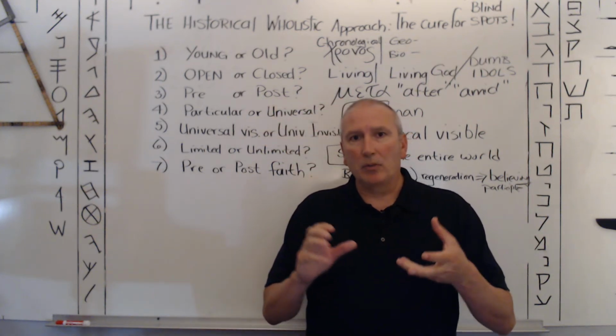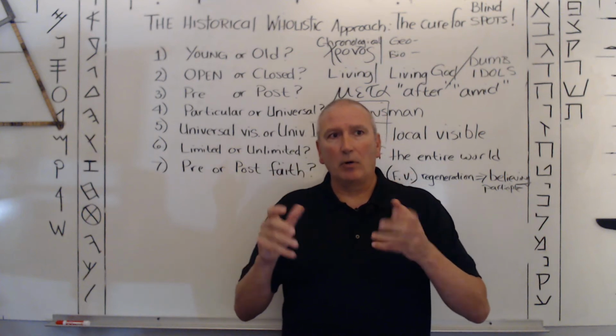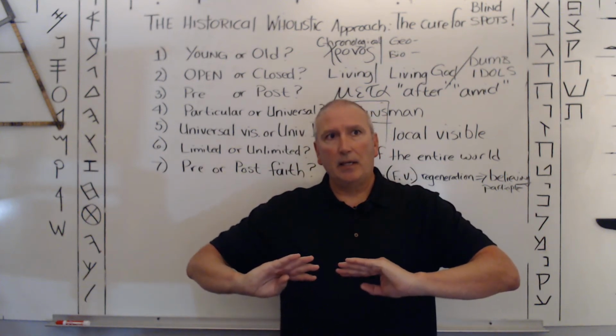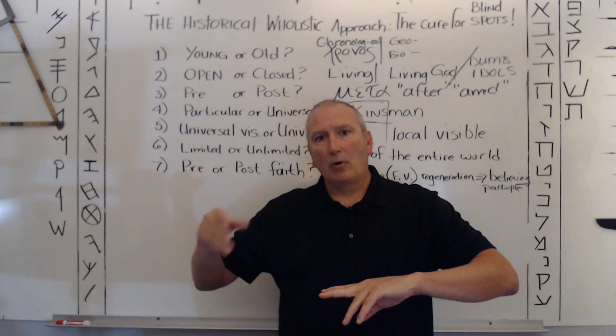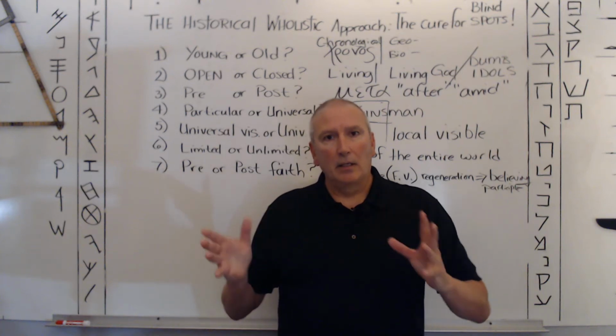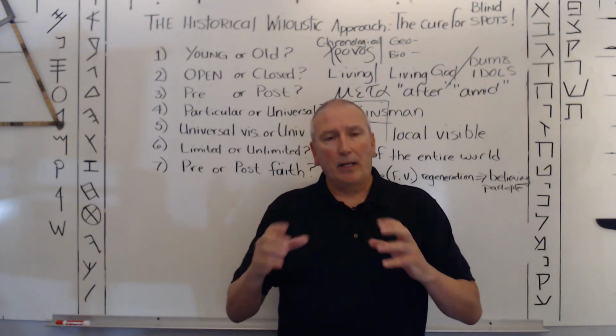Well, there's a debate about what that means, he so loved the world, because it says he gave his Son so that the ones who are already believing might not perish, be destroyed.